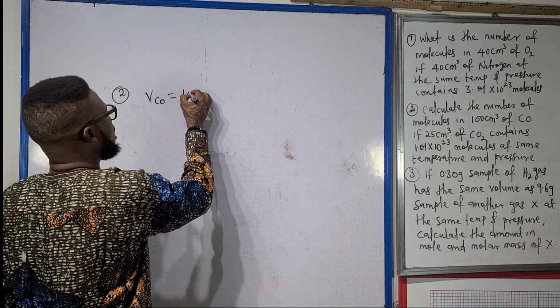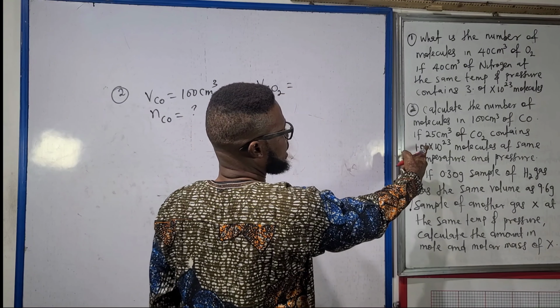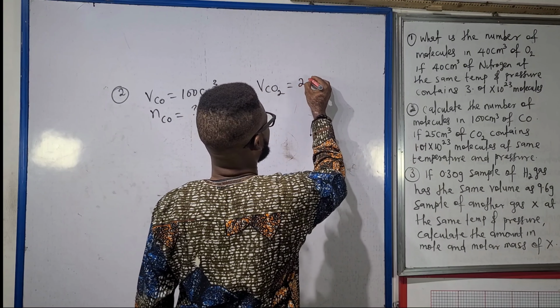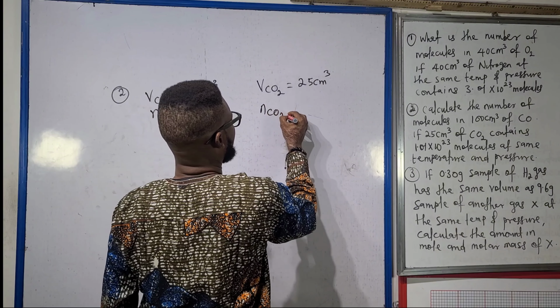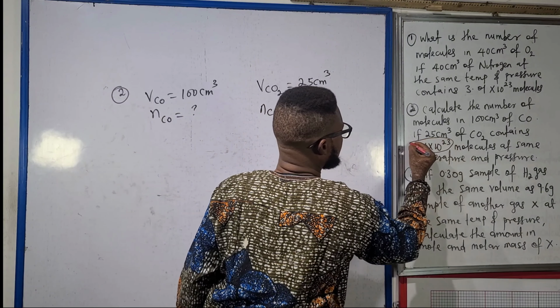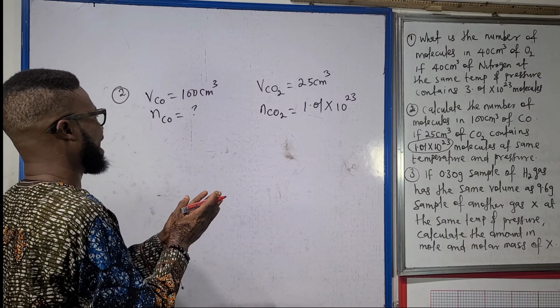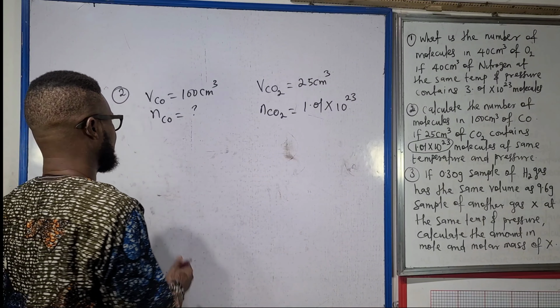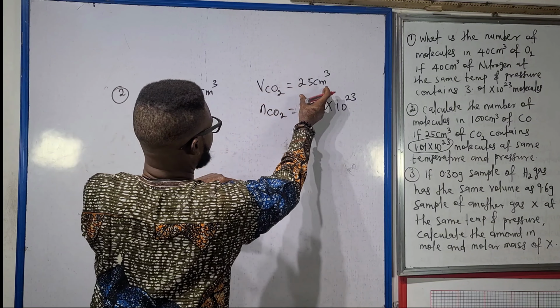If 25 cm cubed of carbon dioxide contains 1.01 times 10 raised to power 23 molecules, that is what we have here. So when you look at this, this is 25 cm cubed, and if the volume had increased by a factor of 4, I expect the number of molecules to increase by a factor of 4.